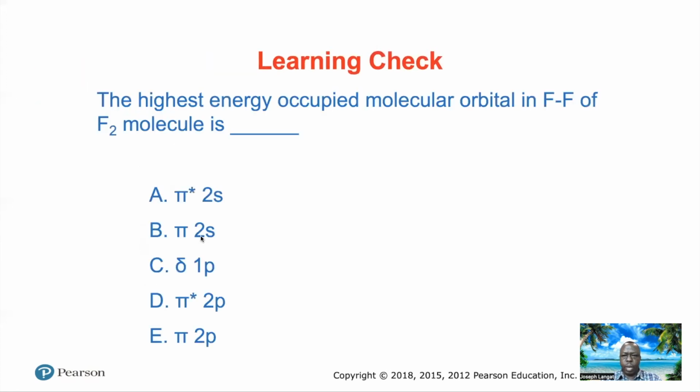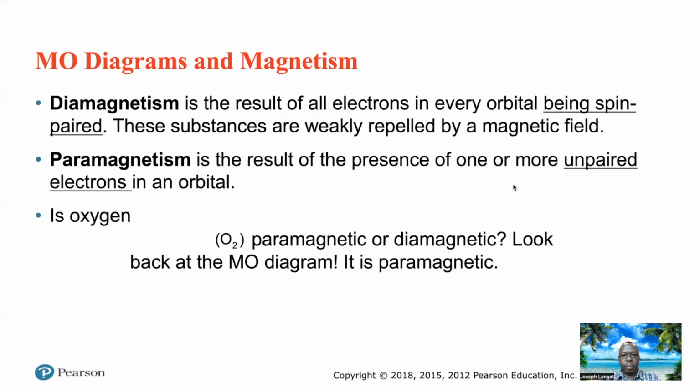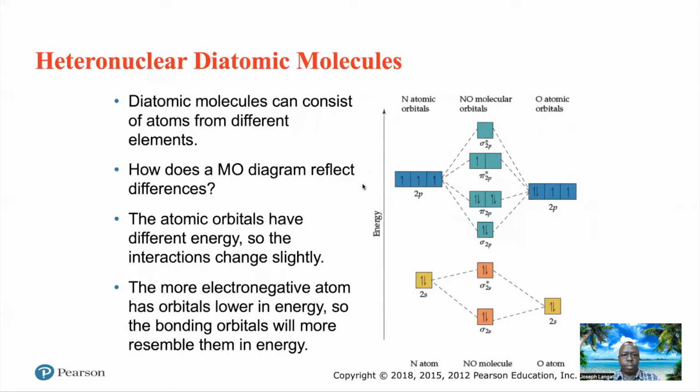If I remove two electrons from here, two of them will be unpaired, making it paramagnetic. It's just demonstrating the paramagnetic properties of oxygen, which illustrates that oxygen is attracted towards the magnetic field, right?